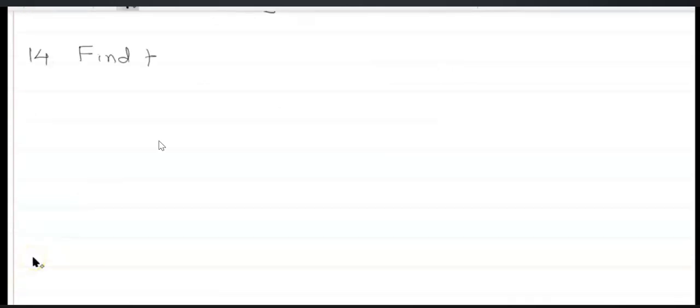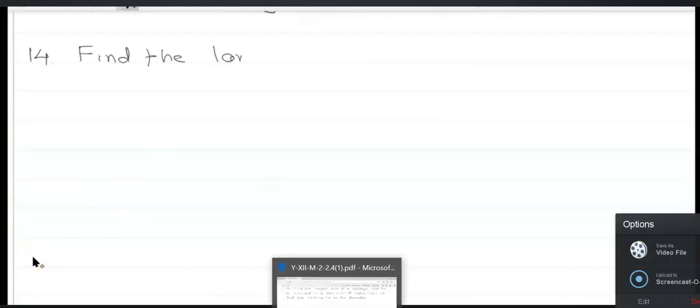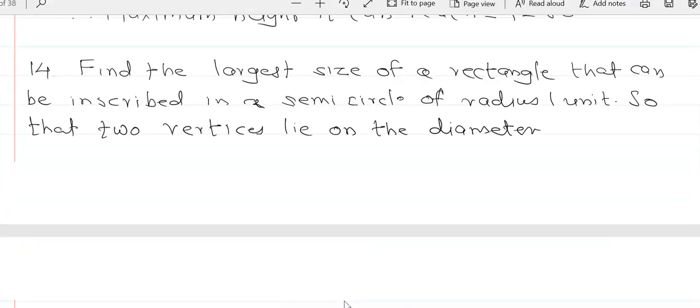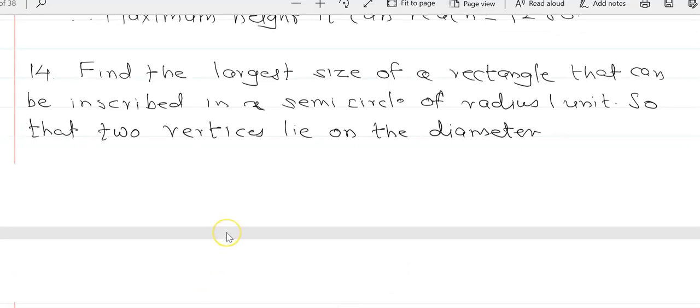Now problem number 14. Find the largest size of a rectangle that can be inscribed in a semicircle of radius 1 unit so that the two vertices lie on the diameter.